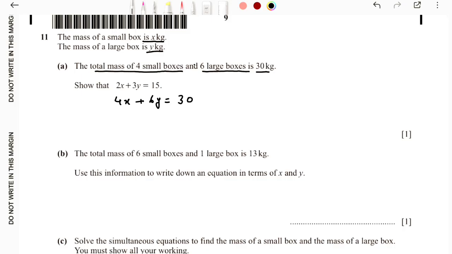So by taking 2 as common, we have 2x plus 3y is equal to 15 after dividing by 2 on both sides. So 2x plus 3y is equal to 15, and this is shown.